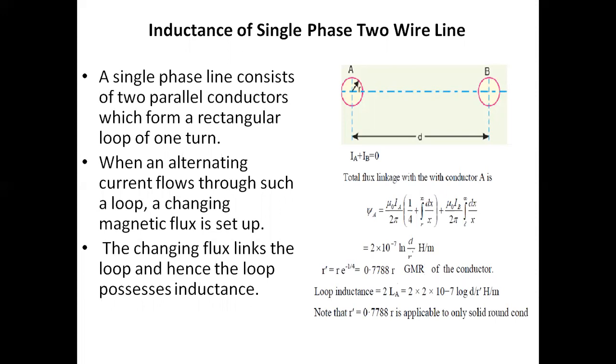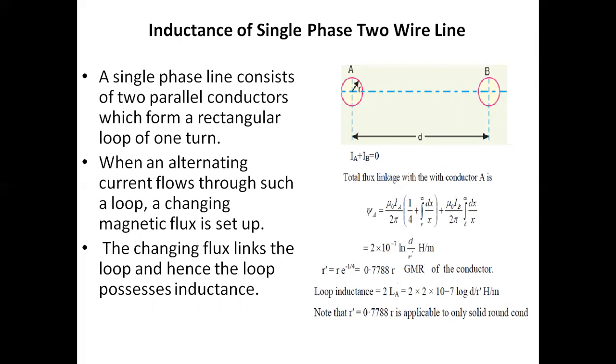According to Kirchhoff's current law, IA plus IB is equal to 0, because the current in conductor A flows from the source to the other end, but conductor B acts as a return path. The current is in the opposite direction, from load to source. So IA plus IB is equal to 0.